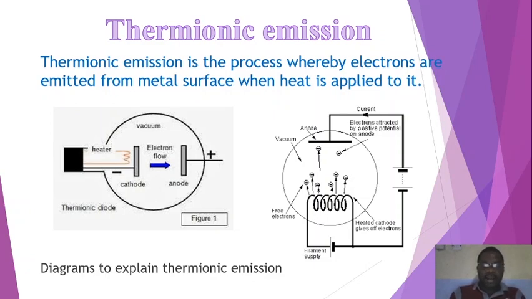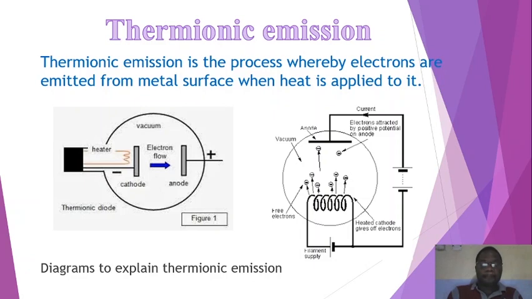Now when you look at the diagram, it shows a hot cathode for producing electrons. You see that we have an evacuated tube, it contains no air, it is only vacuum. So we connect it to a very high voltage, and we have a heater. You know, a heater is such an electrical device that whenever it is connected to electricity, it will become very hot.